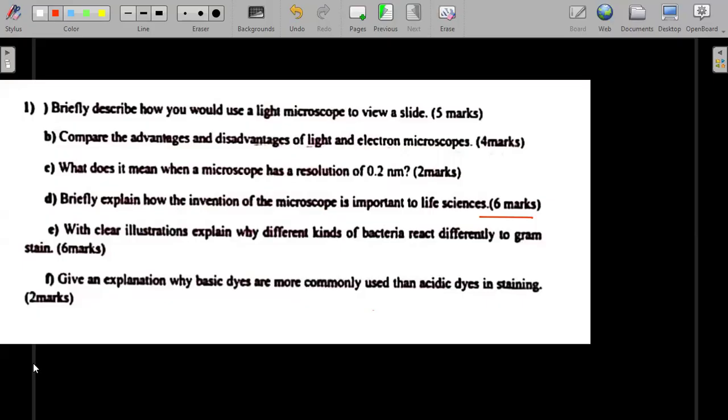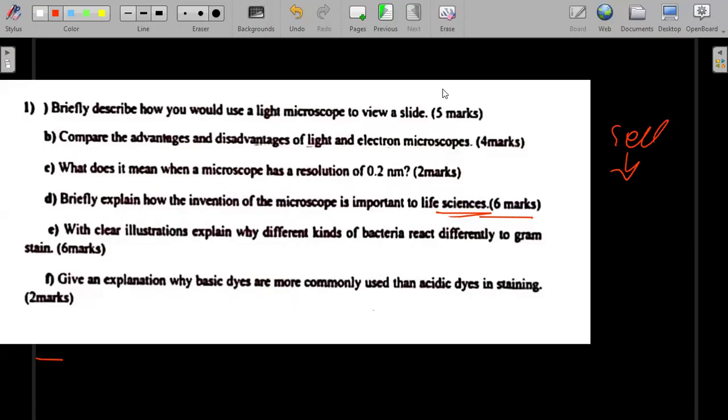Anyone to give us some of the importance of the microscope in science? Okay. So when we were doing the cell theory, you noticed that some of the guys started discovering cells.